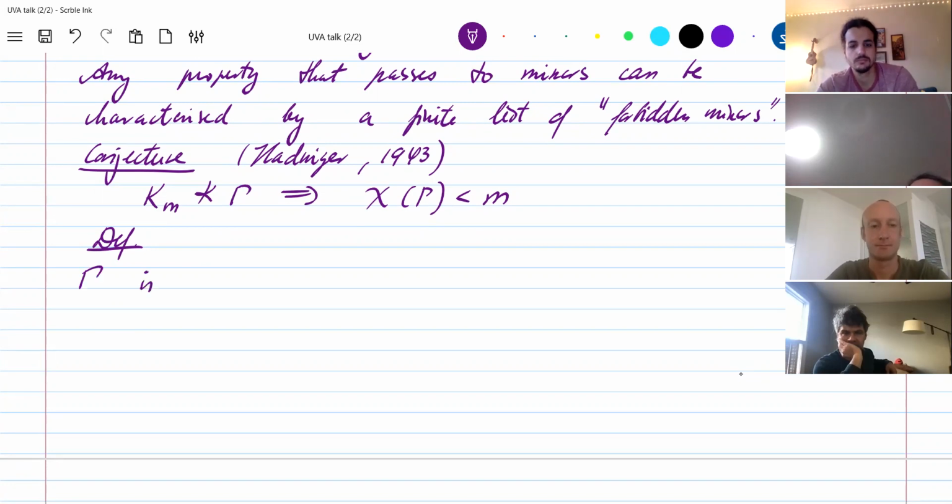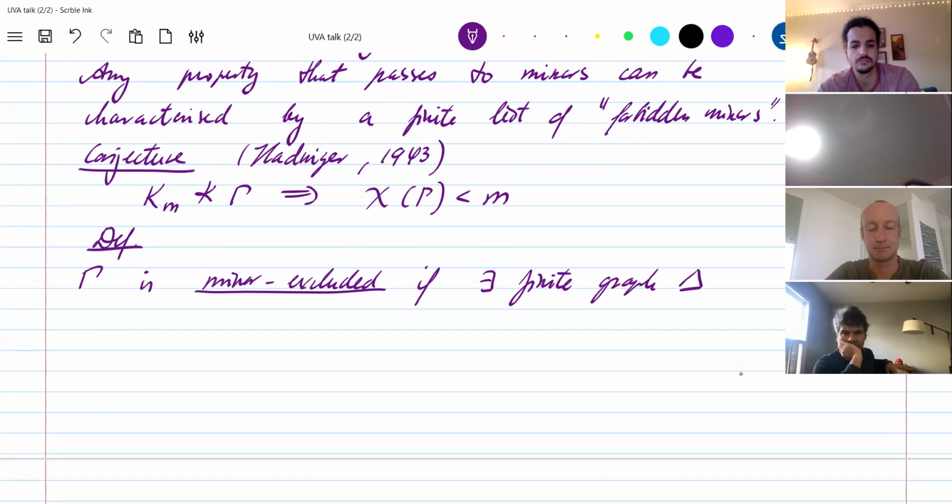So we say that gamma is minor excluded if there exists some finite graph delta such that delta is not a minor of gamma. Now this is equivalent to there being some m such that the complete graph on m vertices is not a minor of gamma.